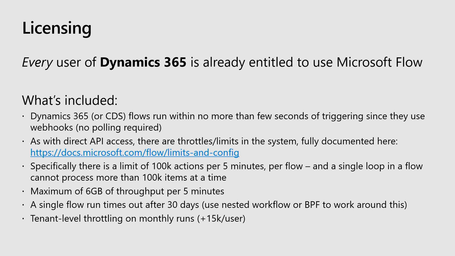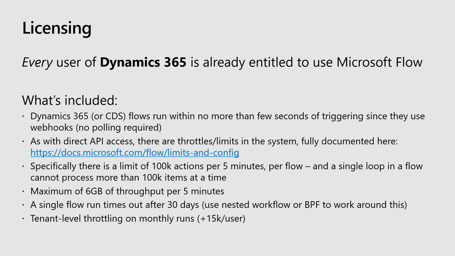In terms of what's included with this license, the first thing to understand is that if you go to the Flow pricing page, you may see that different Flow plans have different timings associated with them. Like they say one flow will run in 15 minutes or another flow will run in 5 minutes, depending on the plan that you have.